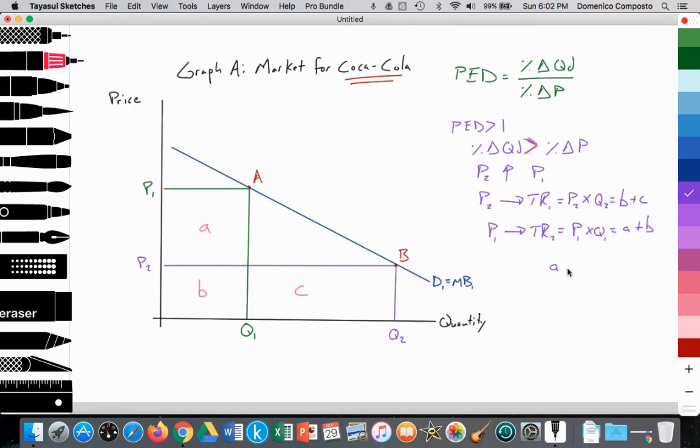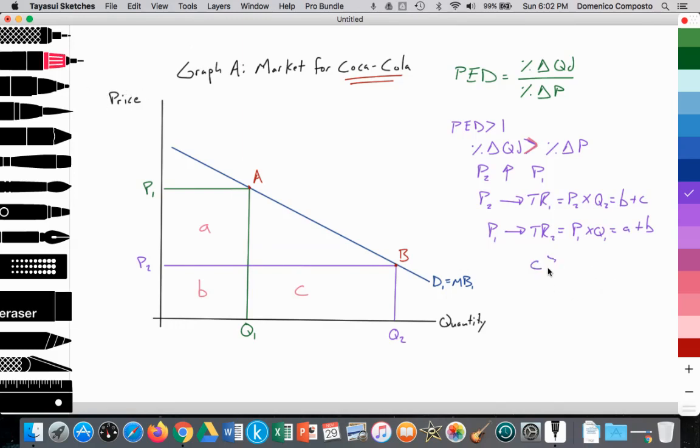So thus, since area A is greater than C, it should be that total revenue 2 is greater than total revenue 1. Oops, A being greater than, I'm sorry, let me take that back. Area C is greater than A. Sorry for that.